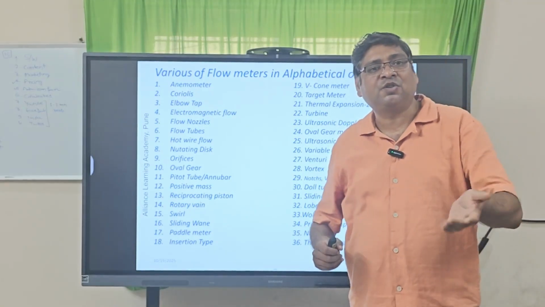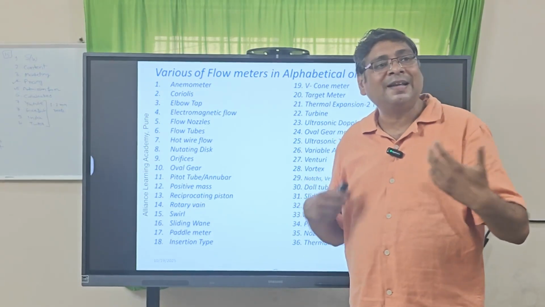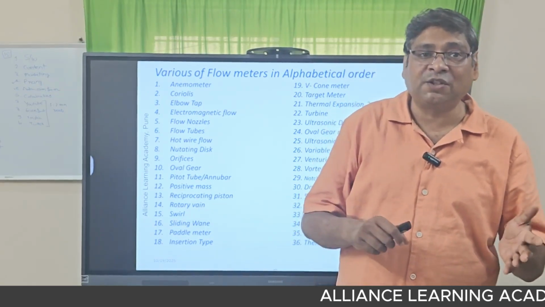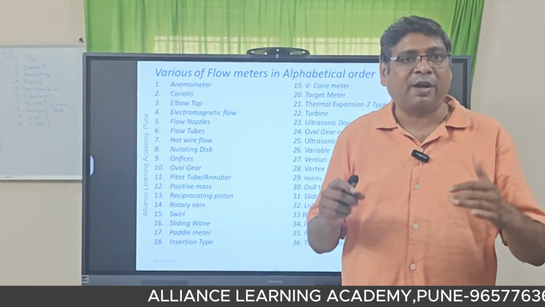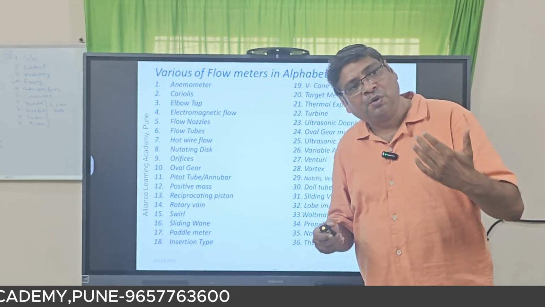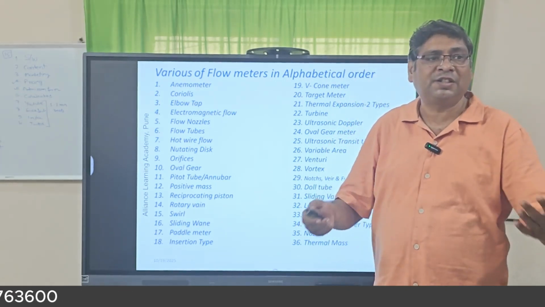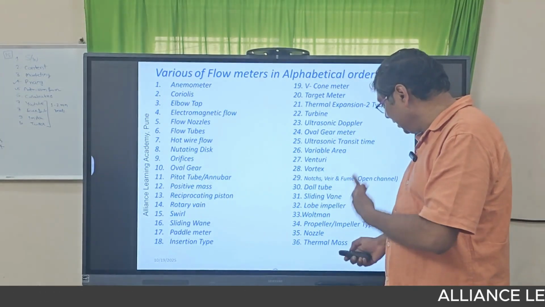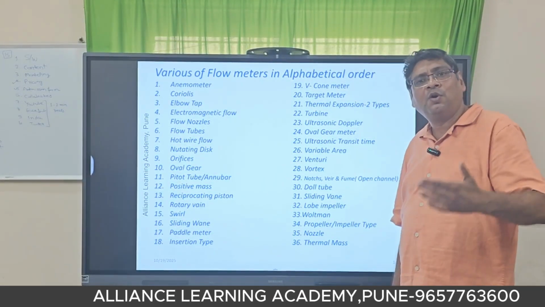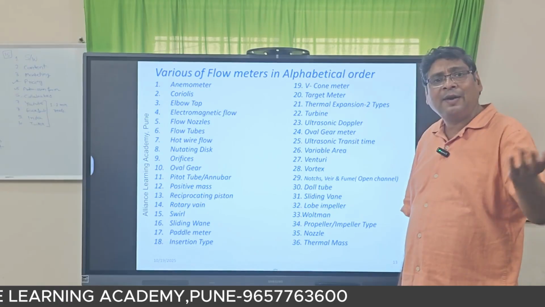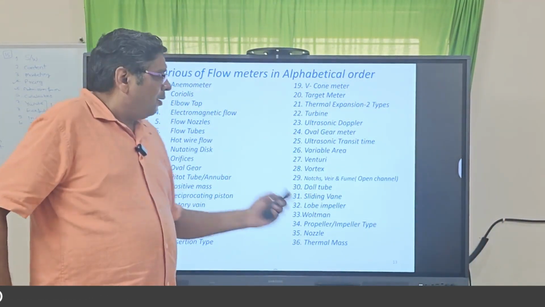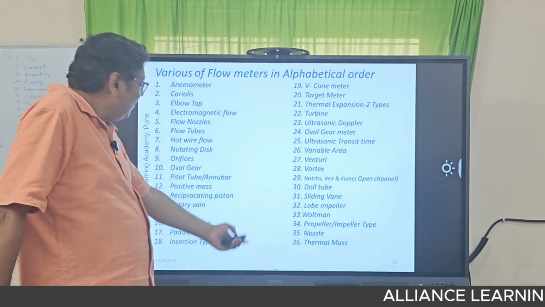Many professionals and students are also calling me and suggesting and informing what to do next. Whether my voice is okay, my video is okay, or the PPT is okay, all are welcome, and your love and affection will grow this channel more. So these are the 36 flow meters I found. Take snaps also. Do your own research in your plant, and come back if you find any other flow meter. For 37, I will add that.